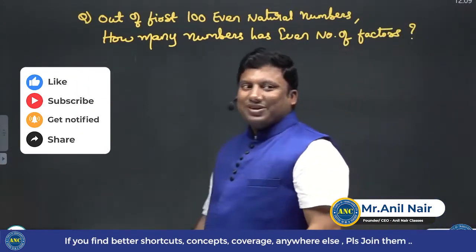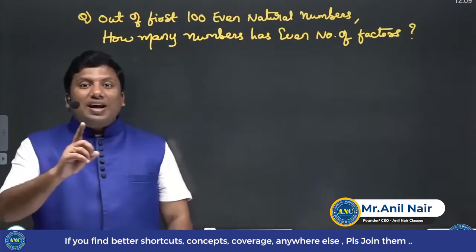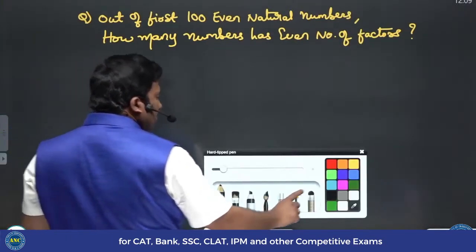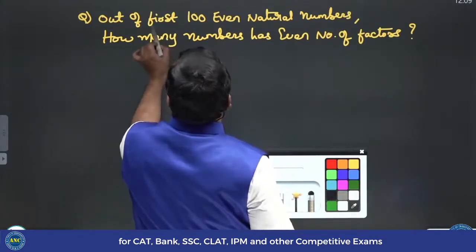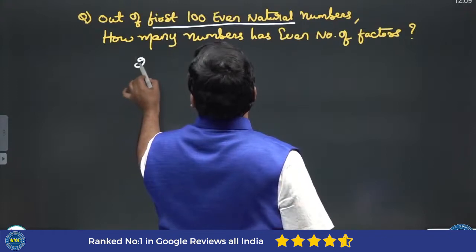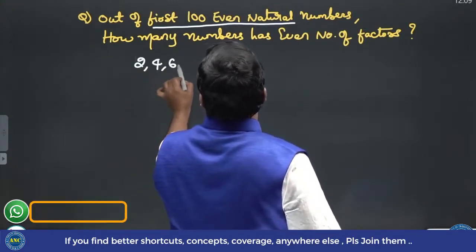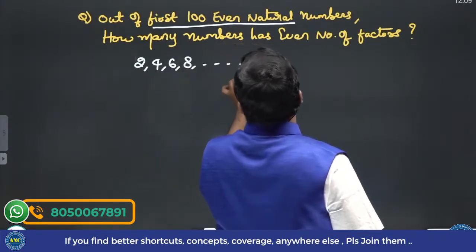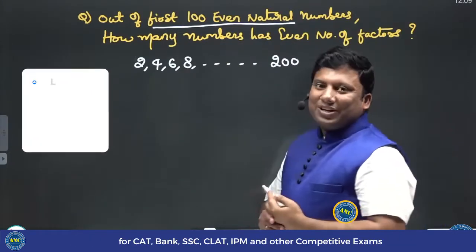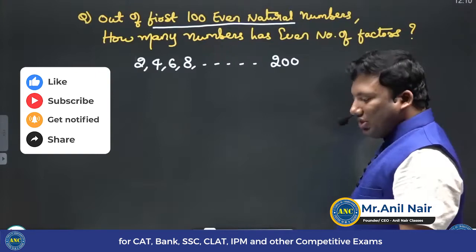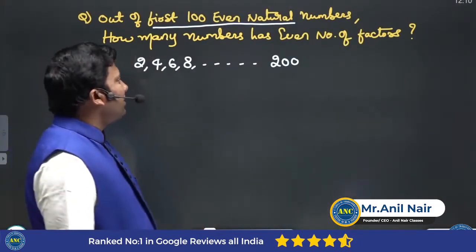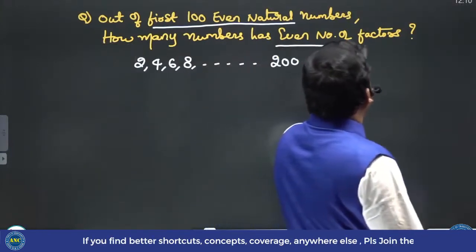Read this question once. The first 100 even natural numbers are 2 ones are 2, 2 twos are 4, 2 threes are 6, 2 fours are 8, up to 2 hundreds are 200. This is the domain of the question. Out of the first 100 even natural numbers, how many numbers have an even number of factors?